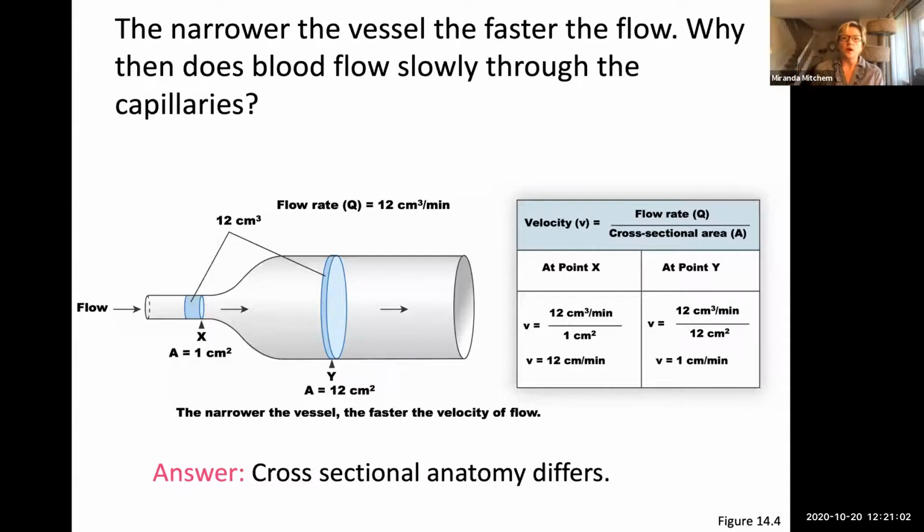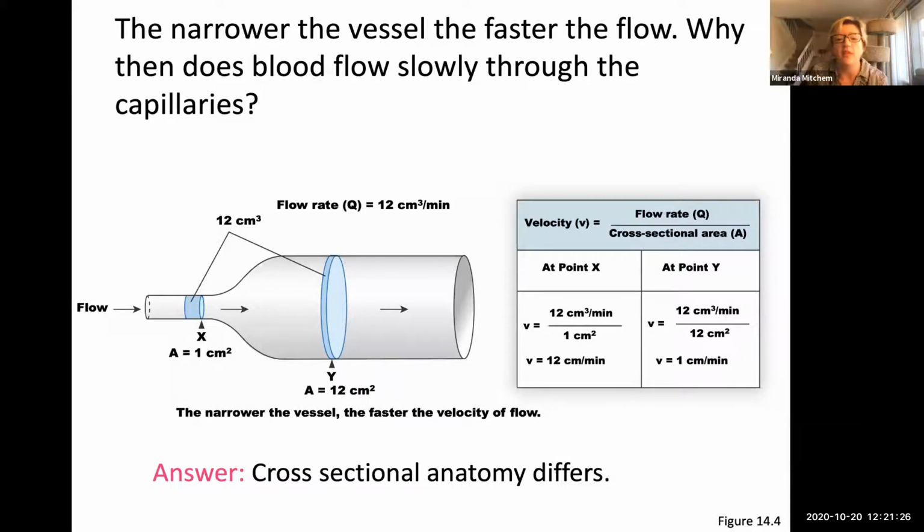Okay, so why though does our blood flow so slowly through the capillaries? Because they're the narrowest vessels we have. But going back to that second figure we looked at, where we looked at the different blood vessels versus pressure, the pressure in the capillaries is pretty negligible.